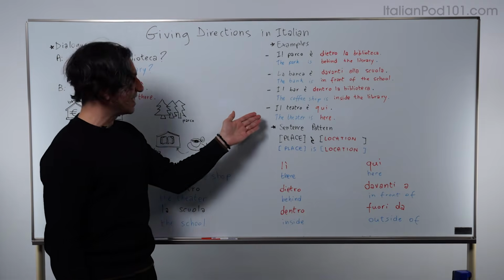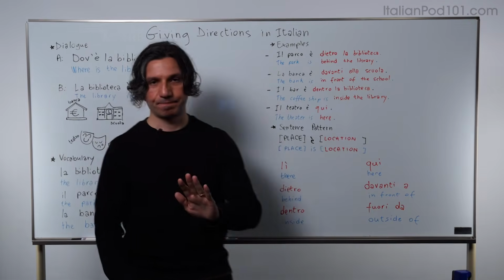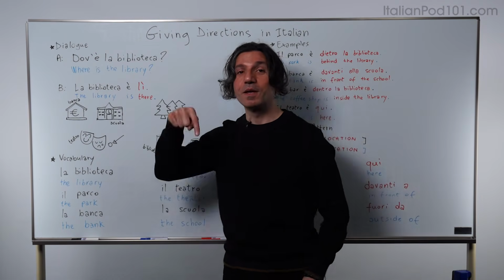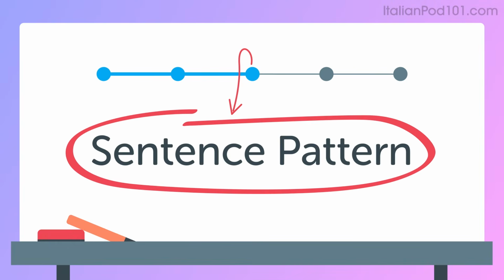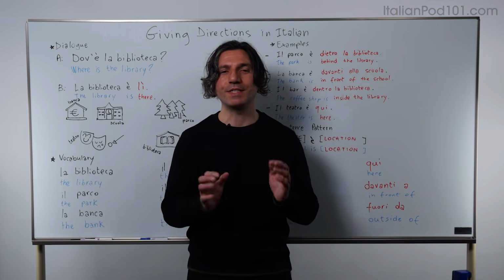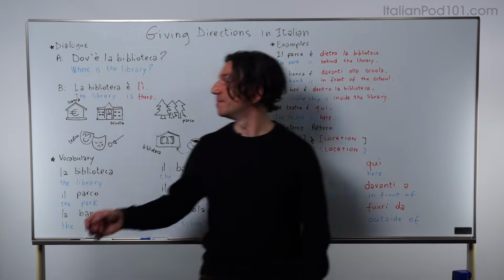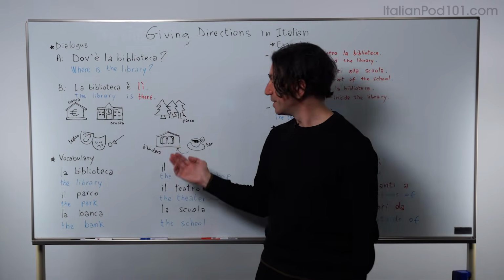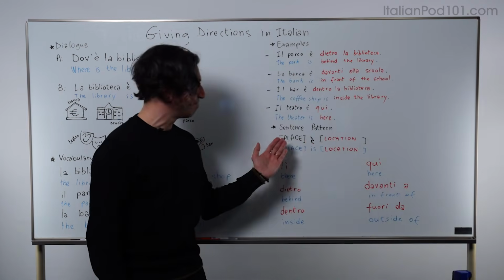The last one is il teatro è qui. The theater is here. Did you notice? We always use the same pattern. Place: la banca, il parco, il bar, il teatro.